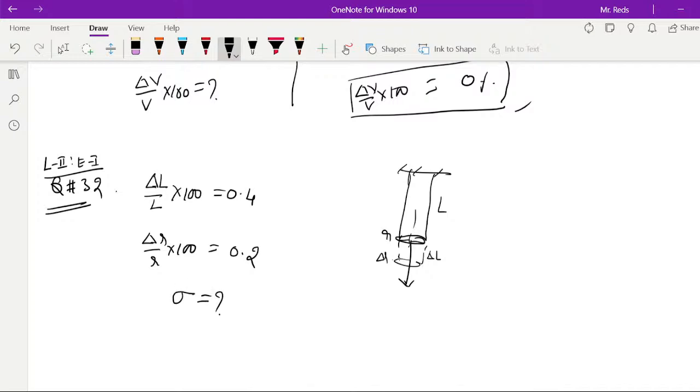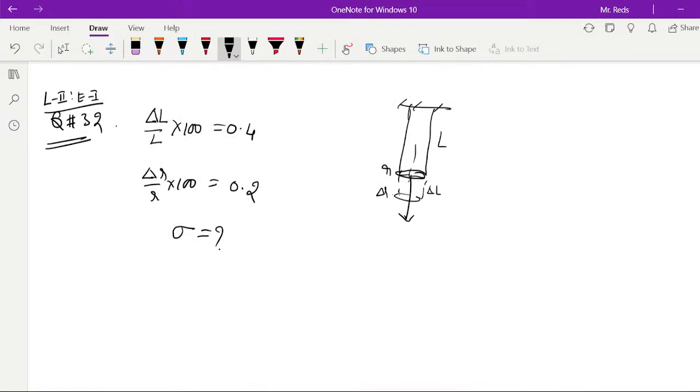Then what is the Poisson's ratio of the material of the wire? We know that sigma is equal to lateral strain by longitudinal strain, that is delta r by r by delta L by L. When one is increasing and the other is decreasing, you have to take a negative sign.